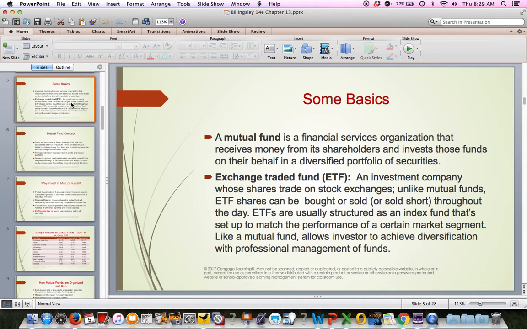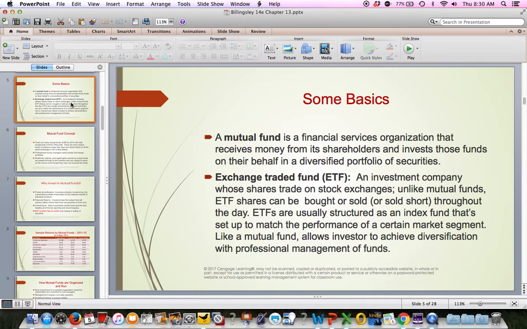They're created by investment companies, and what these investment companies do is they buy a whole bunch of the actual stocks that are traded on an exchange, like the Dow Jones or the S&P 500, and then they hold on to them, and they sell shares of an ETF, which trades exactly like a stock, and it goes up and down with the market, can be bought and sold throughout the day, and basically it changes in value in relation to the change in value of the exchange that it's tied to. It's just a really good way to get the market return without having to buy all the stocks on the market. That's probably the best way to describe it.